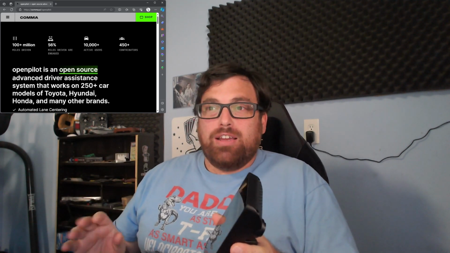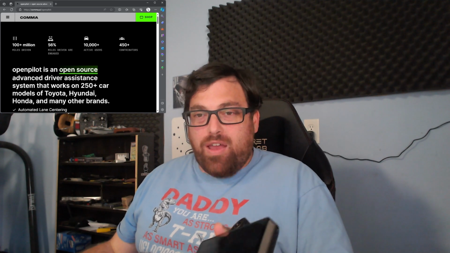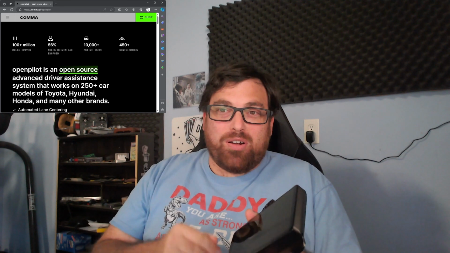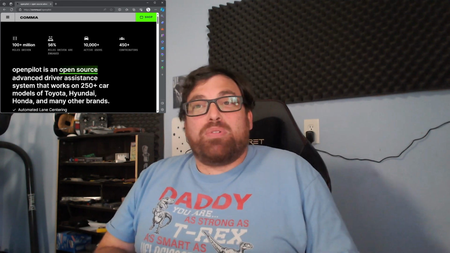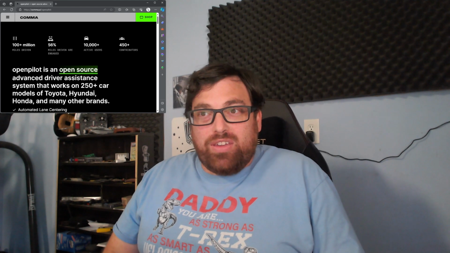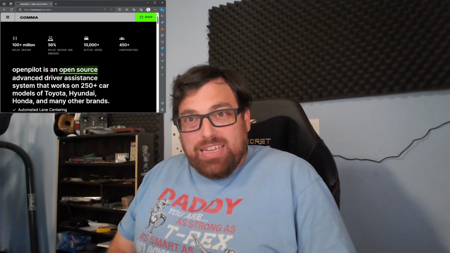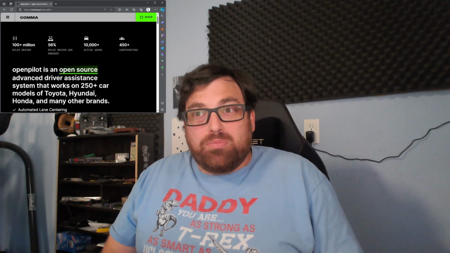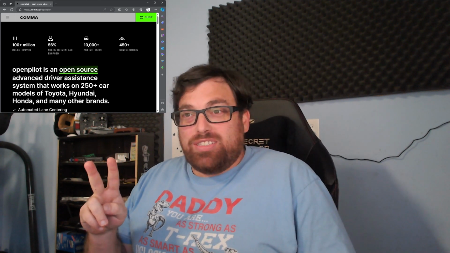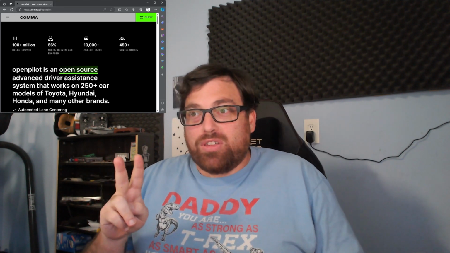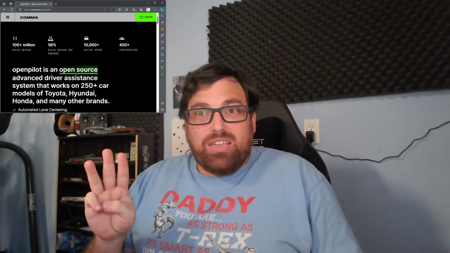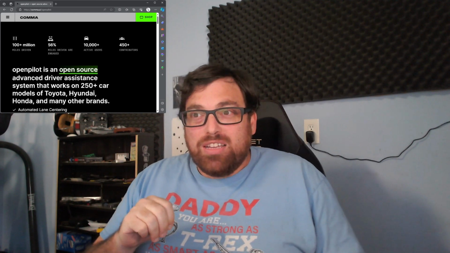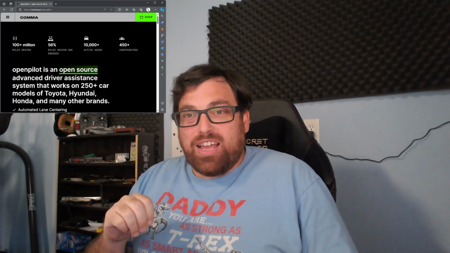But all that aside, what is a level 3 self-driving system? There are 5 requirements that I have up here on my display. 1, the vehicle is capable of controlling all aspects of driving, including accelerating, braking, and steering under certain conditions. 2, the driver is still required to be present in the driver's seat, able to take control over the car if needed. 3, the driver must be ready to intervene when the system requests, typically with a short notice, usually a few seconds.